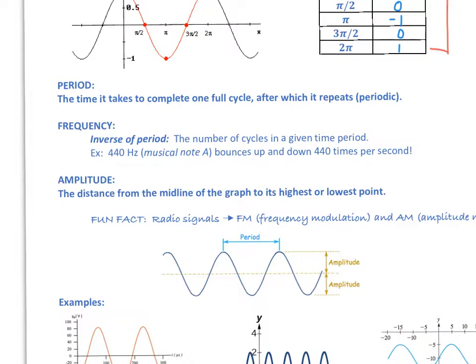You see both examples here in the picture below. Notice that a period length goes from, how long does it take to get back to the top of the hill? Well, that would be one period length. Your amplitude is from your midline and then your height up or your height down, one or the other, okay?